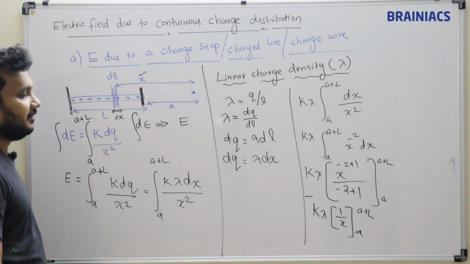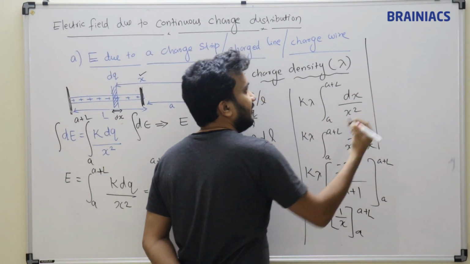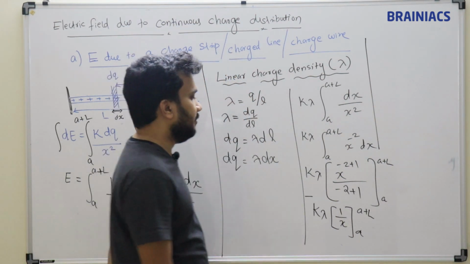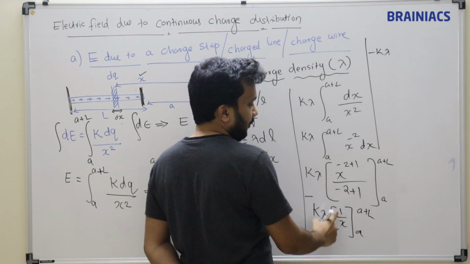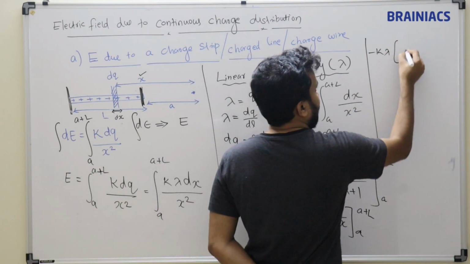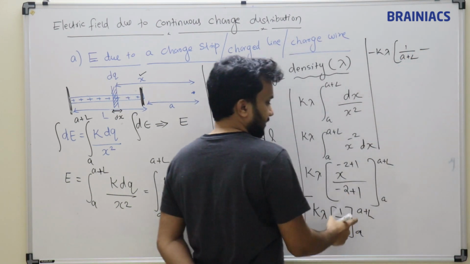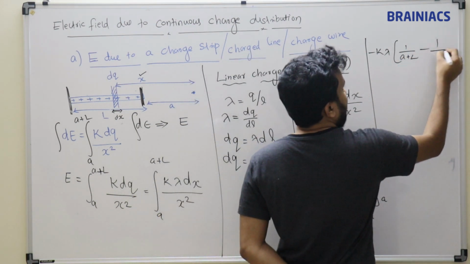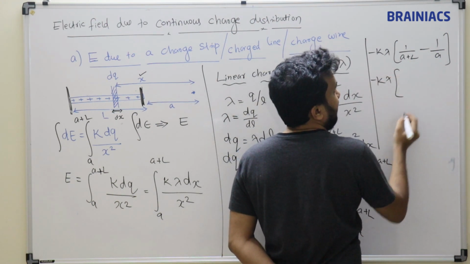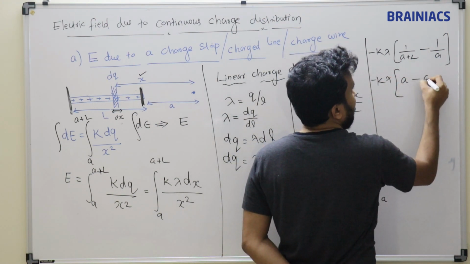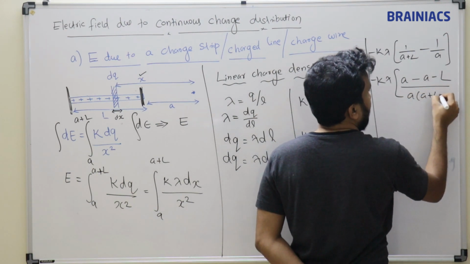Applying the limits, minus k lambda into 1 divided by a plus l minus 1 divided by a. We simplify this: minus k lambda times a minus l whole divided by a into a plus l.